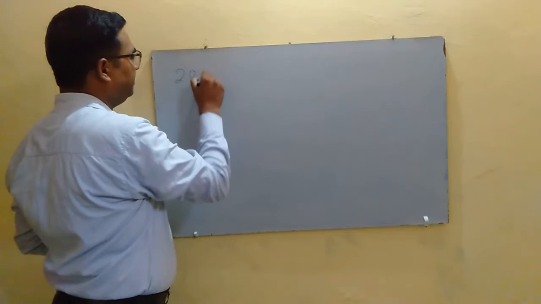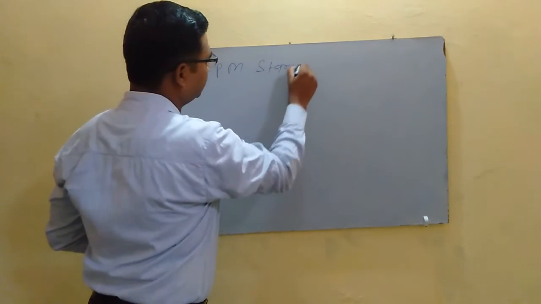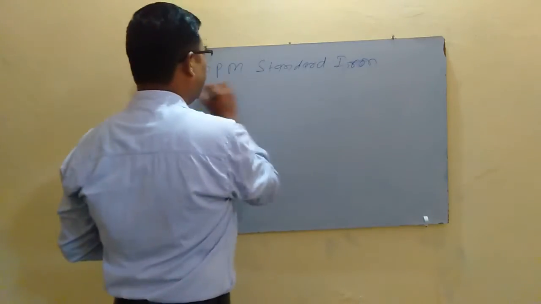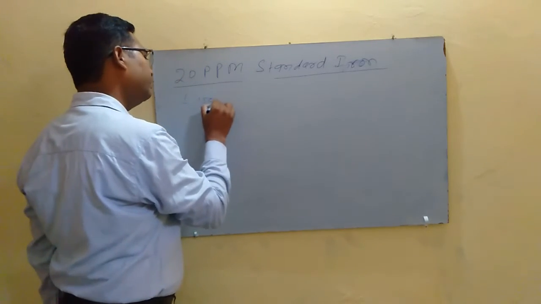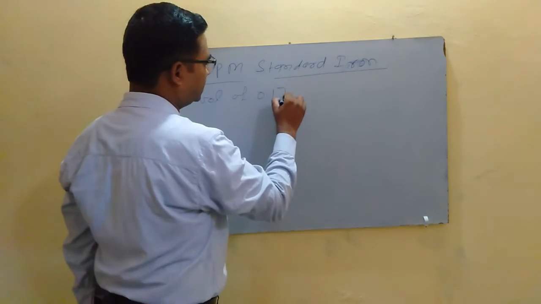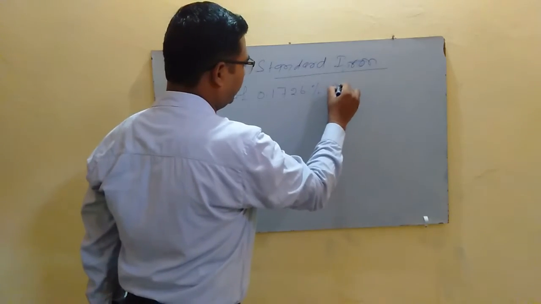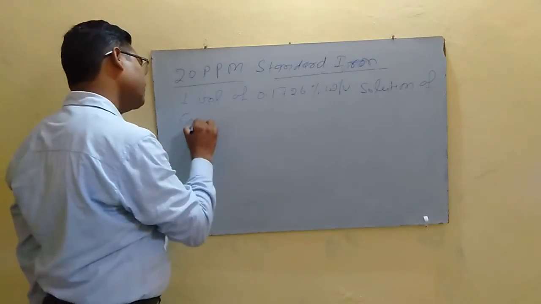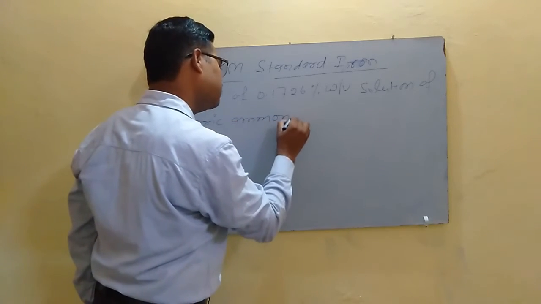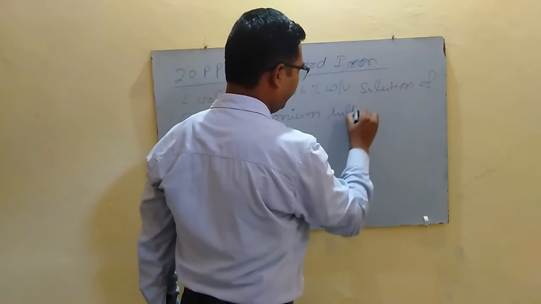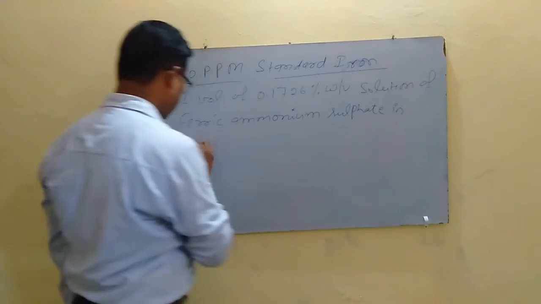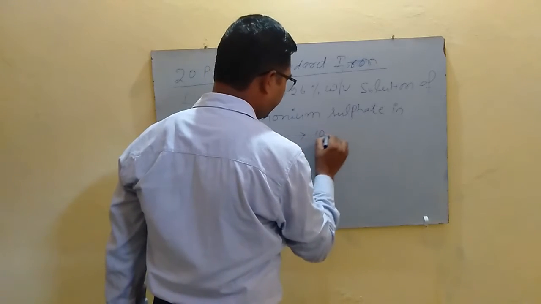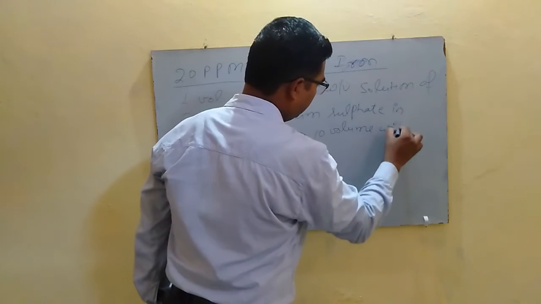The 20 ppm standard iron solution is prepared by diluting 1 volume of 0.1726% w/v solution of ferric ammonium sulfate in 0.05 molar H2SO4 to 10 volumes with water.